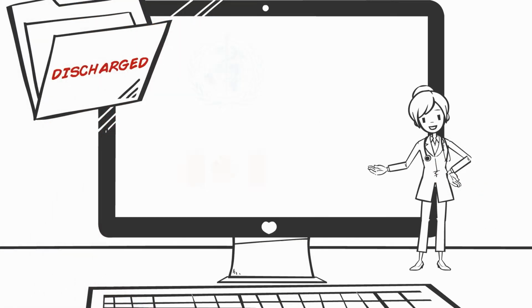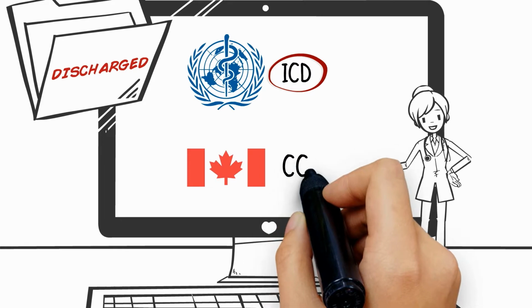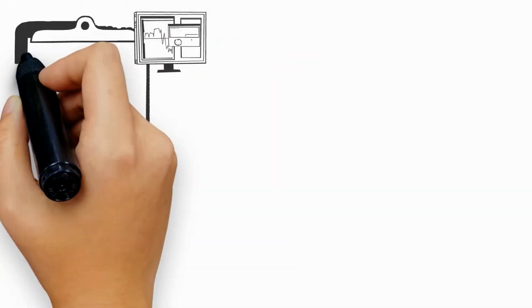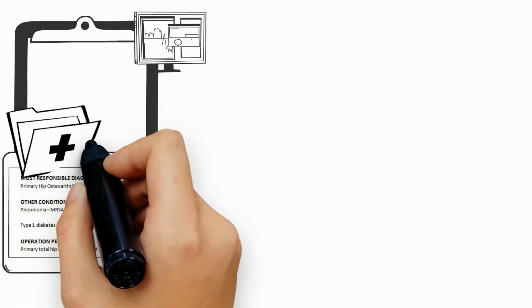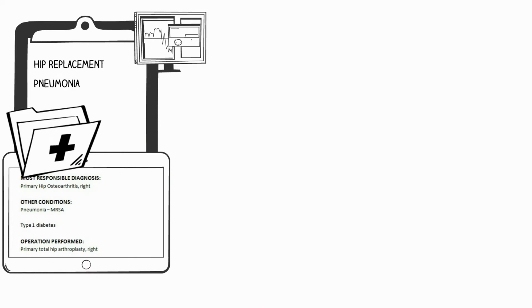When a patient is discharged from hospital, much of the information you documented in their chart gets coded using systems called the International Classification of Diseases, or ICD, and the Canadian Classification of Health Interventions, or CCI. ICD and CCI are common language tools used to classify and code diagnoses, symptoms, and procedures.